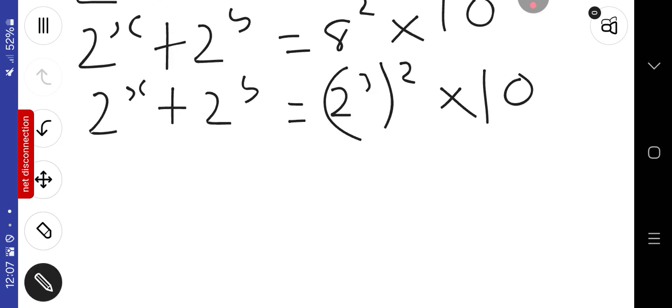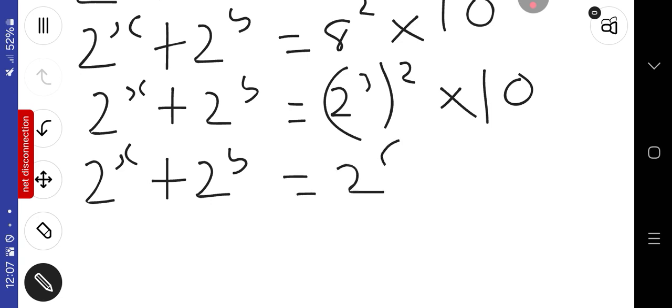Let's proceed. We are going to have 2 exponent x plus 2 exponent y is equal to 2 exponent 6 times 10, which is the same as 2 times 5.